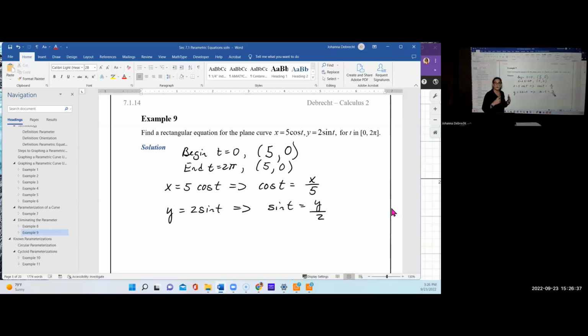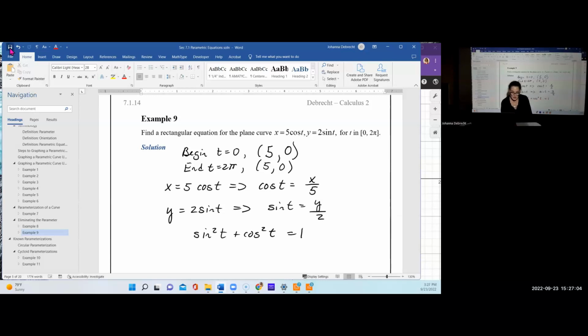Now, what equation in trigonometry do we know that relates sine and cosine? Well, there are several of them, but there's one trig identity, which is that sine squared plus cosine squared equals 1. So the next thing that we're going to do is reproduce that one. So we have sine squared of t plus cosine squared of t has to equal 1.